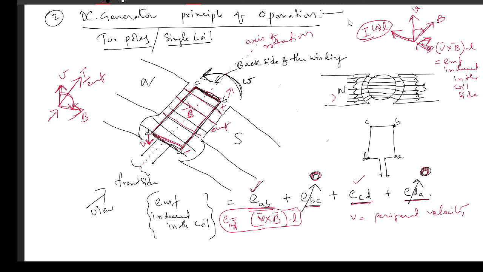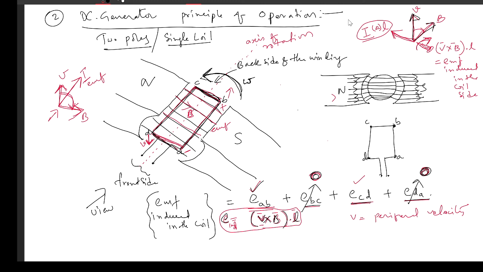And the formula to find out the EMF induced in this coil side is given by V cross B dot L. Okay, so I have drawn here. So if this is the V vector, this is the B vector.